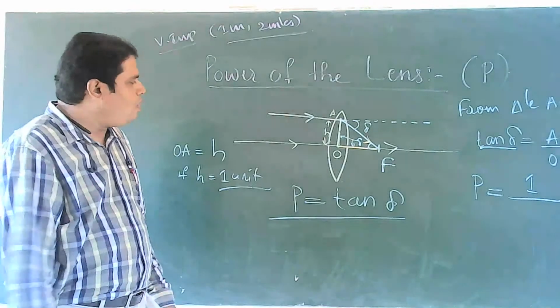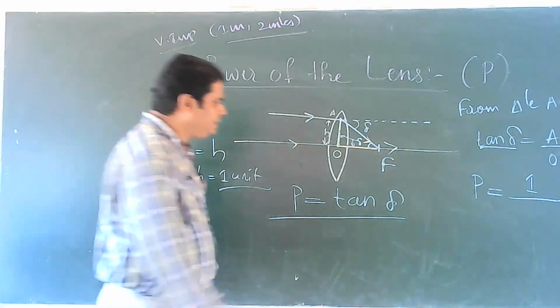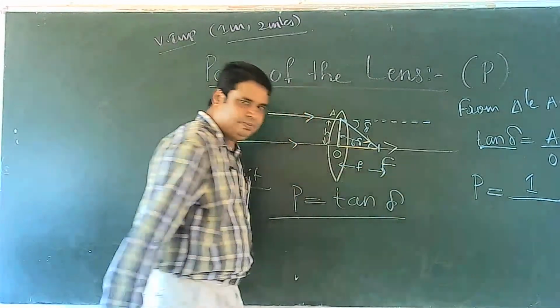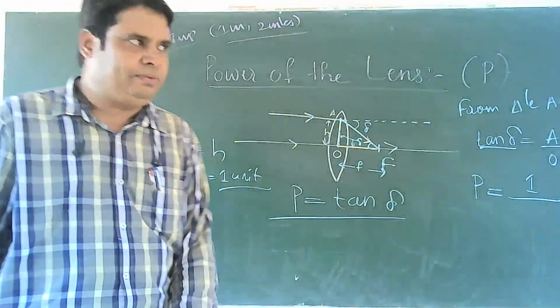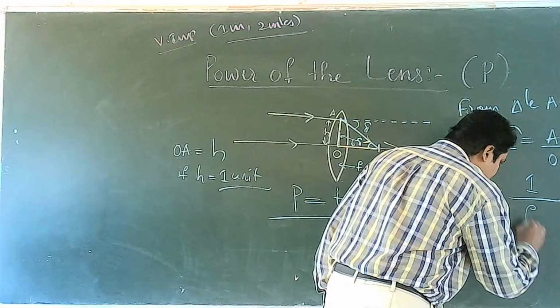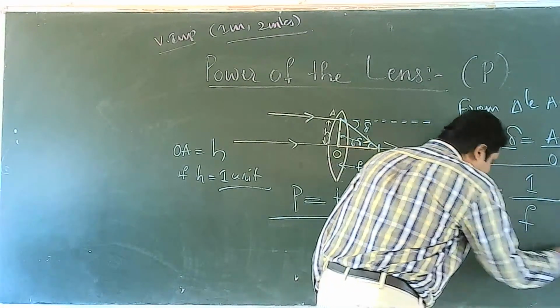OF is nothing but focal length. P is equal to 1 by f.